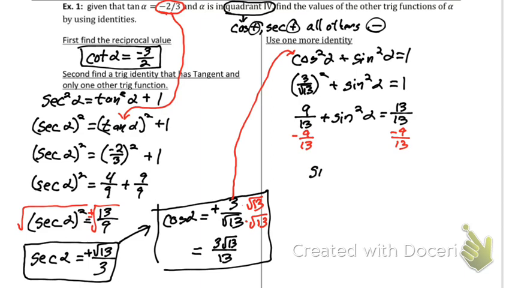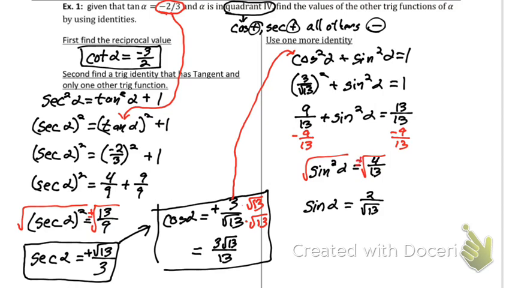And we are just going to have sine squared alpha equals 13 minus 9 is 4 over 13. Take the square root of both sides. And we are going to have sine alpha equals square root of 4 is 2 over square root of 13.